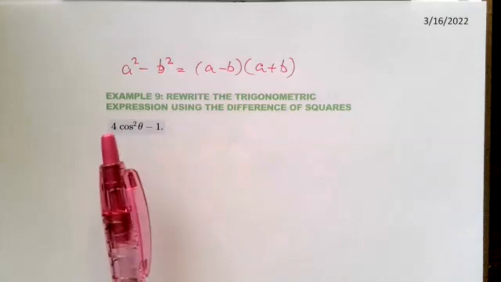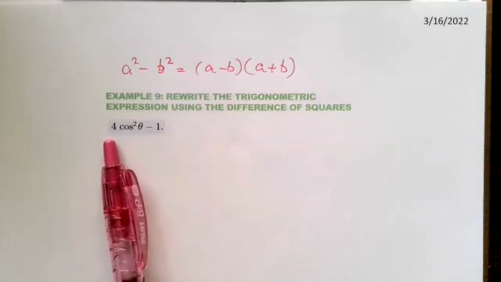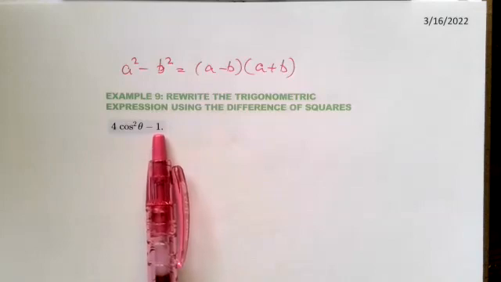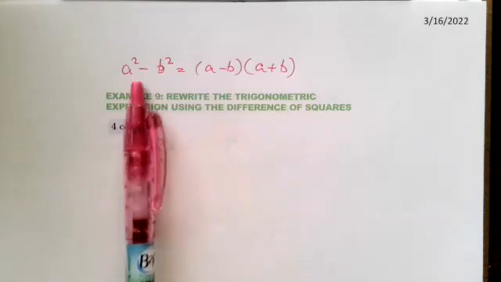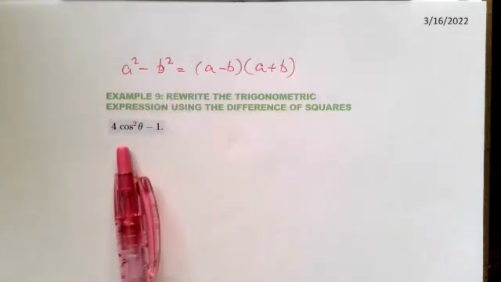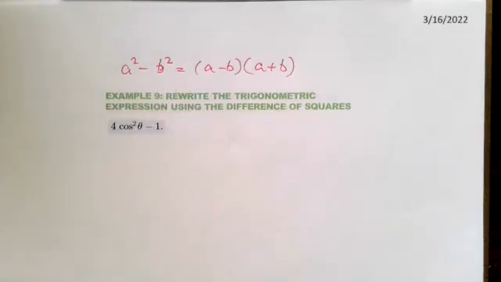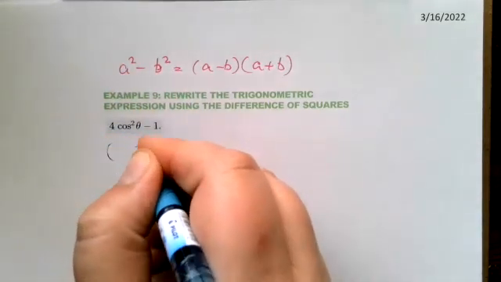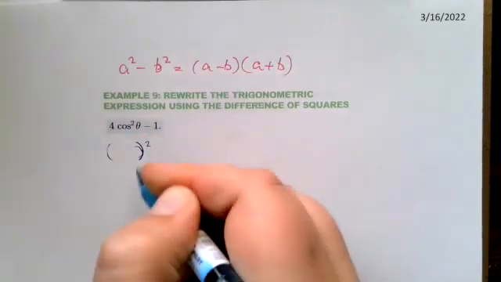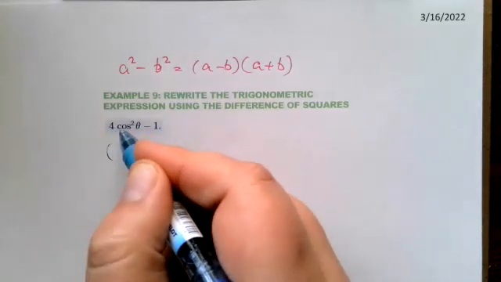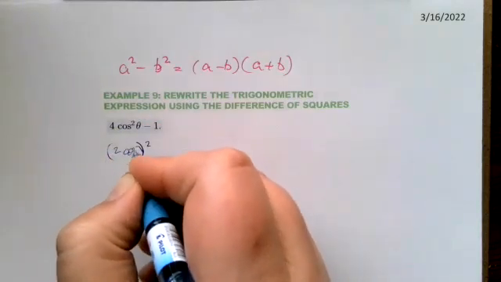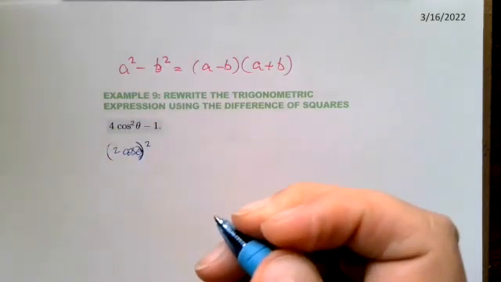So I think a lot of times students don't see this expression as a difference of squares because they don't recognize that 1 is a square, because we need to have a square and a square. Like 4 cosine squared, usually when I ask them, it's a square of what? If we unsquare 4 cosine squared, we're going to get 2 cosine theta, right?